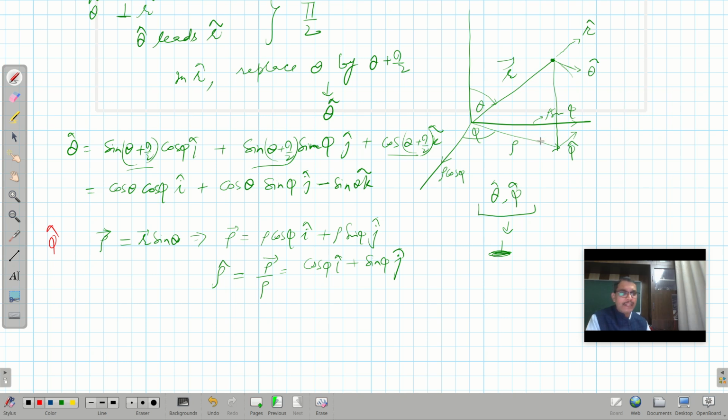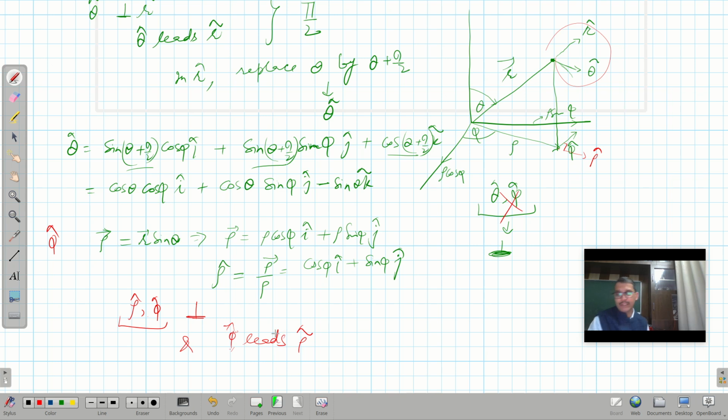This is the direction of the rho vector and this is the direction of phi cap, so both are perpendicular to each other, and phi cap is leading rho cap. So I have to look at the unit vector rho cap and phi cap, which are both perpendicular, and phi cap leads rho cap.